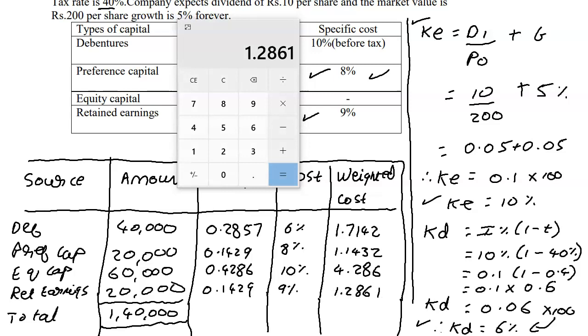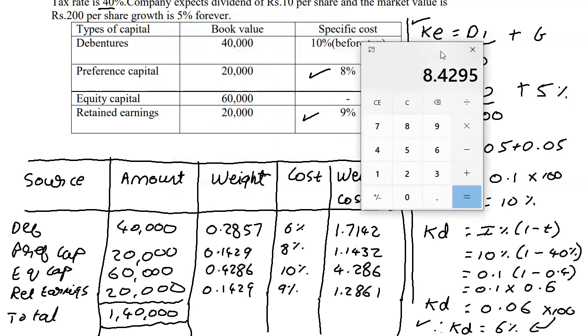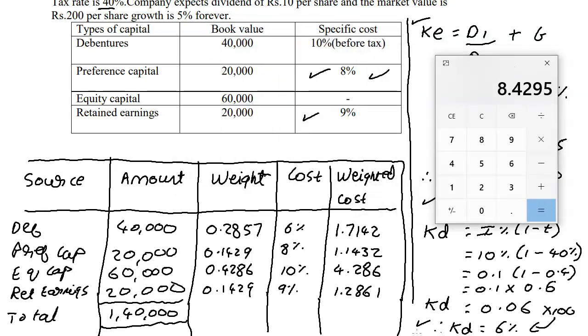Now we add them all up: 1.2861 plus 4.286 plus 1.1432 plus 1.7142 gives 8.4295, and I'm guessing 8.43 should do.